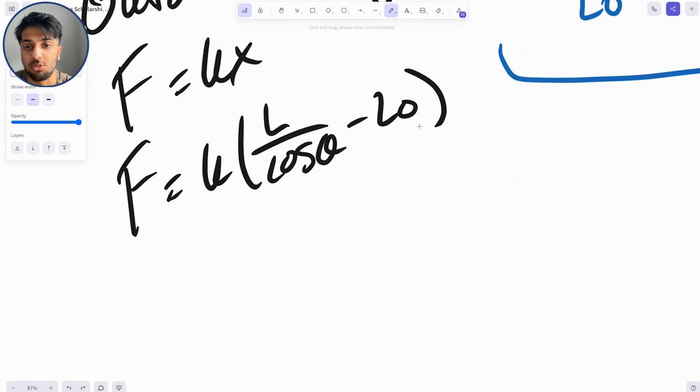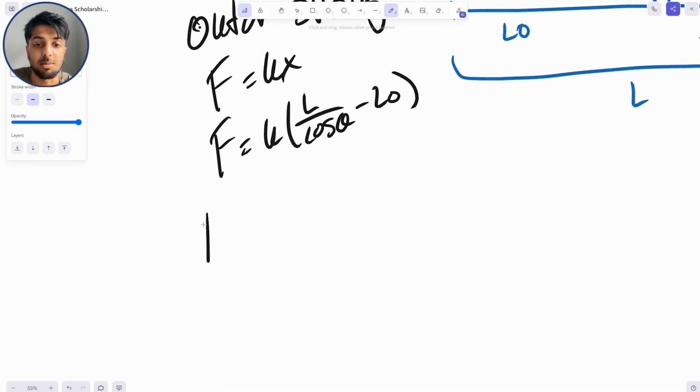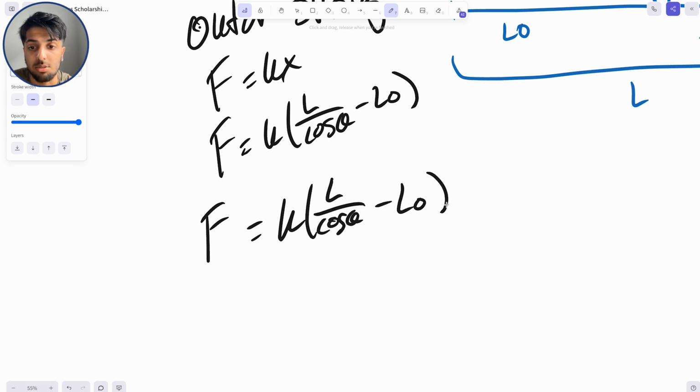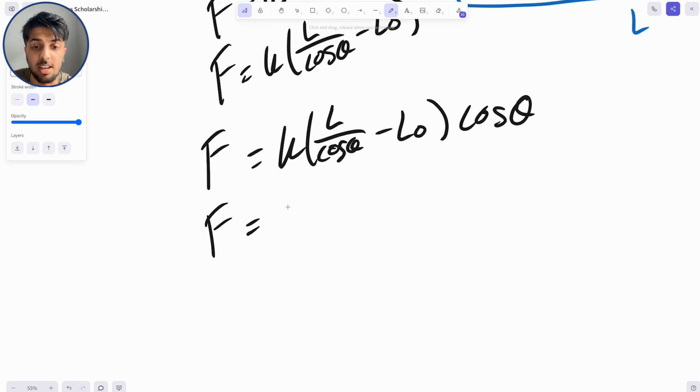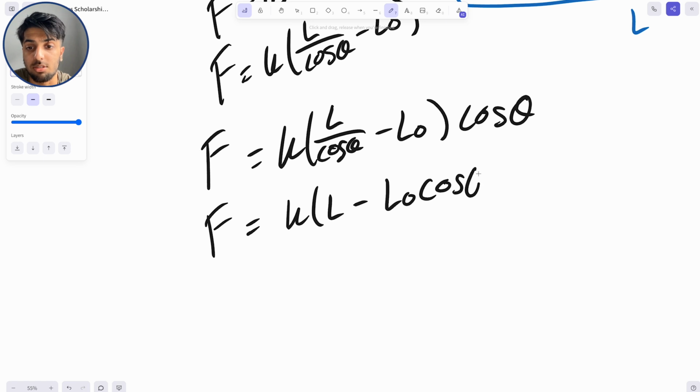To get the horizontal component, we can multiply everything by cos theta. So, L over cos theta minus L naught, times cos theta. Expanding this out, we get F is equal to k(L minus L naught cos theta).